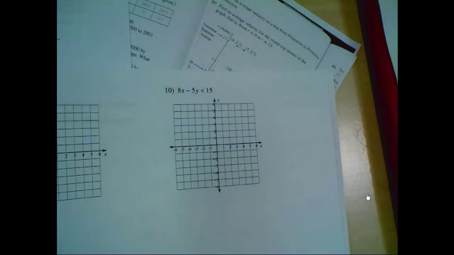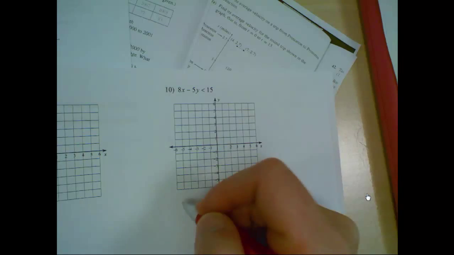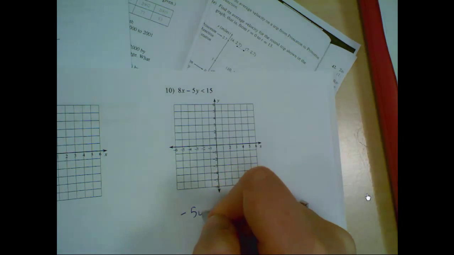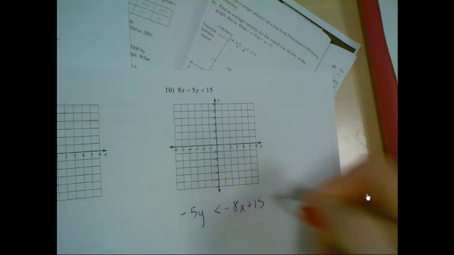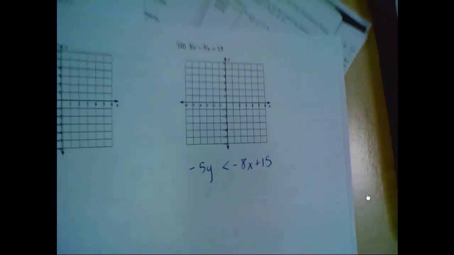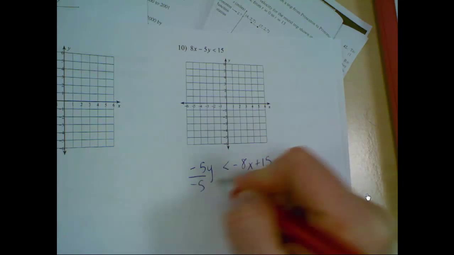All right, last one. Now, we need it in y equals mx plus b form. So most of you would probably subtract your 8x. And so you'd have -8x plus 15. And then you divide by -5.